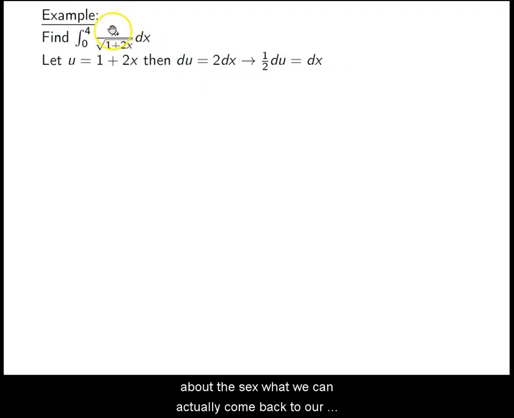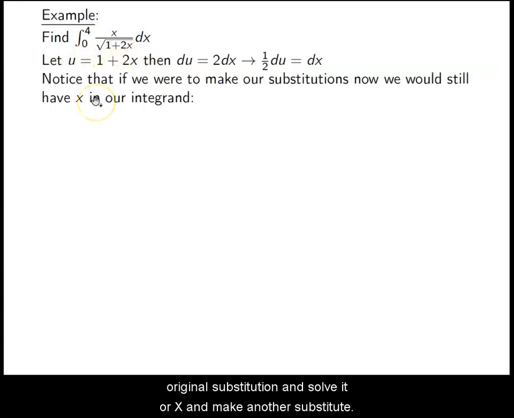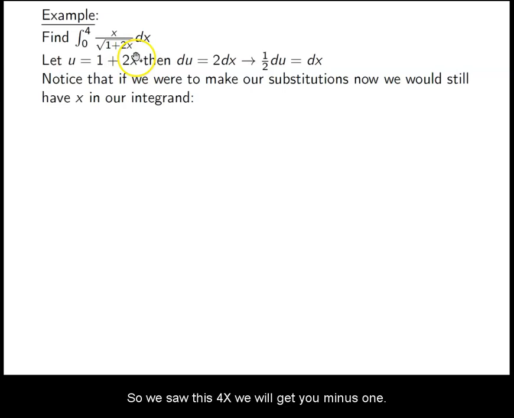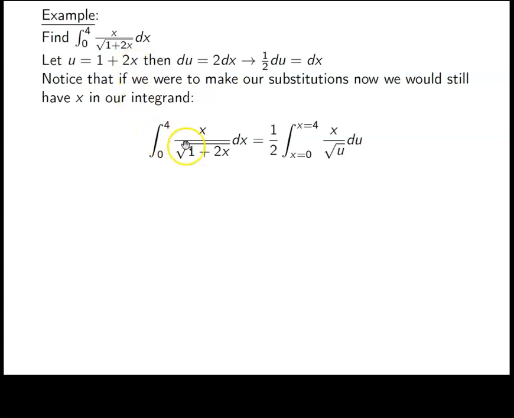So what about this x? Well, we can actually come back to our original substitution and solve it for x and make another substitution. If we solve this for x, we will get u minus 1 divided by 2. So again, this is the problem that we have.